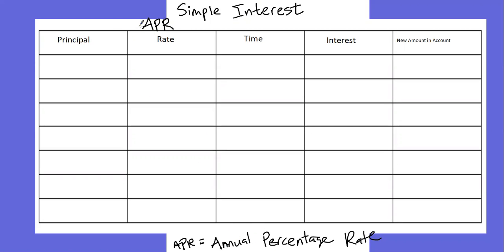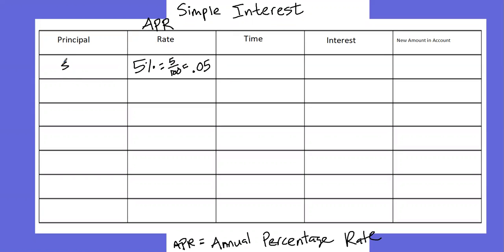So for example, if you had an APR or an annual percentage rate of 5%, you're basically saying that your interest is going to be 5 for every 100. So 5% literally means 5 for every 100. And in decimal form, if you're doing 5 for every 100, you're looking at 5 hundredths or 0.05. Now, since it's annually, that's saying 5 for every 100 for every year.